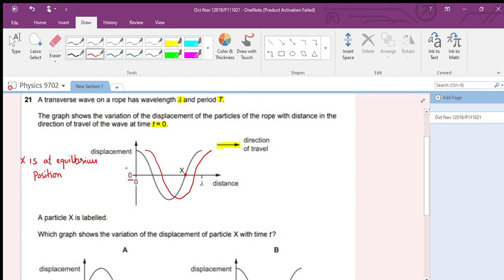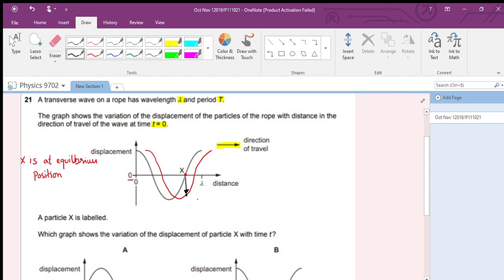And we can see that after a few seconds, when the wave travels towards right, the particle X will move down. Since we all know that particles on a wave can only move up and down. They can't move towards right or left. So after a few seconds, the particle X will move downwards.